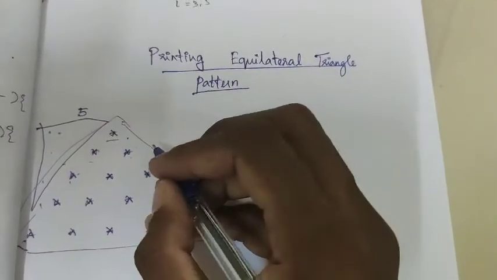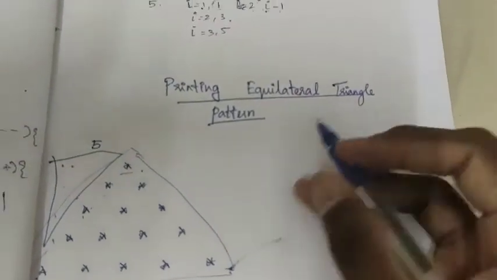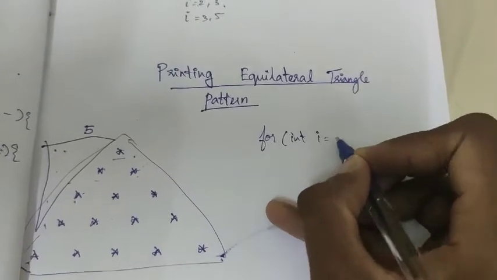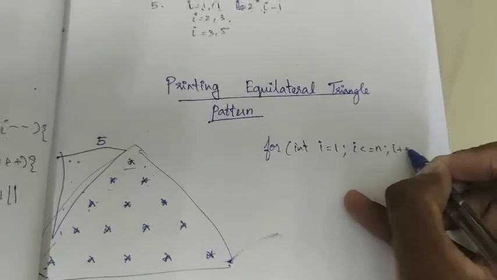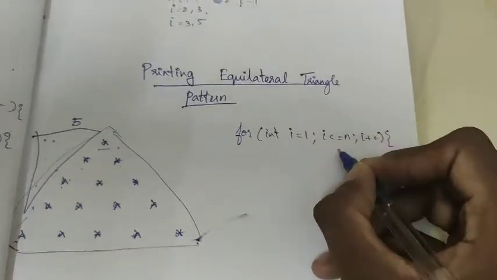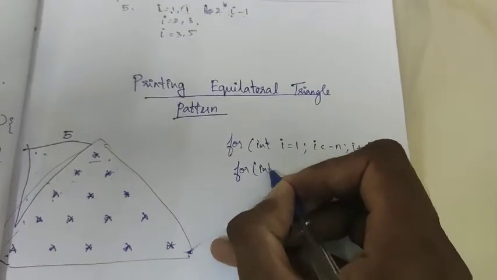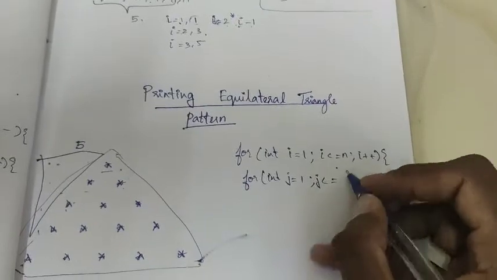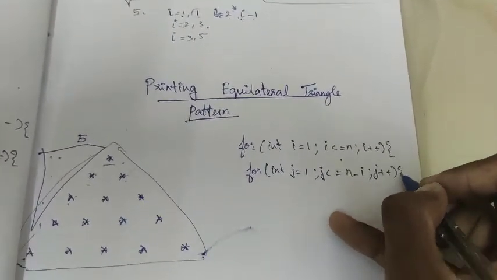So we can quickly go through this simultaneously as we write the program. I am going to write the outer loop first: for int i is equal to 1, i is less than or equal to n, i plus plus. Here I am going to assume n to be 5, and for int j is equal to 1, j should be less than or equal to n minus i, j plus plus.